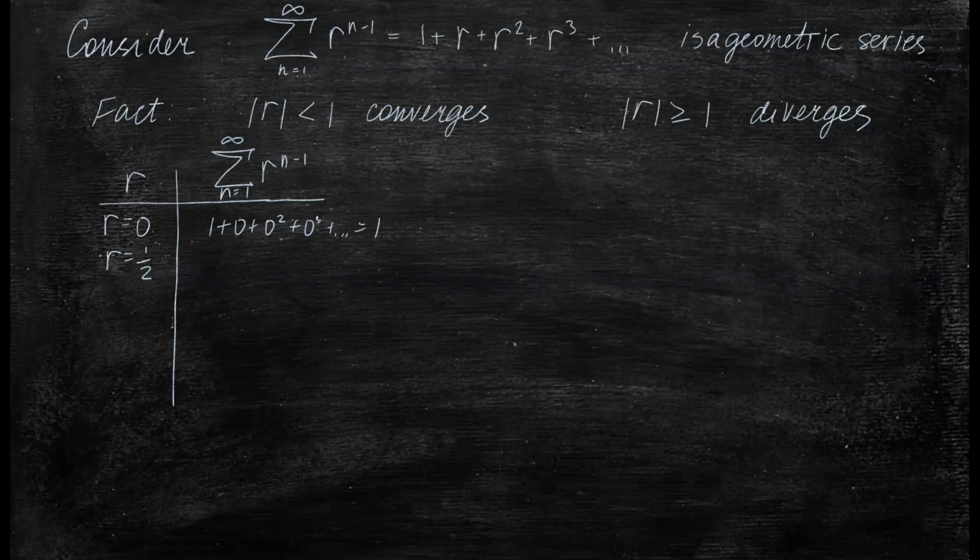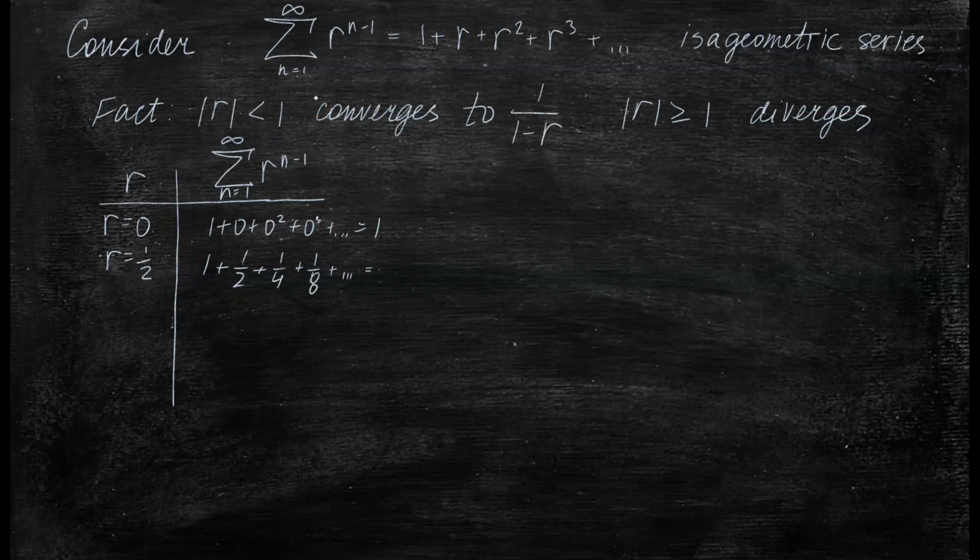Now when r equals 1/2, we're going to get 1 plus 1/2 plus 1/4 plus 1/8 plus, and here we just need to remind ourselves that when a geometric series converges, we know exactly what it converges to. It converges to 1 over 1 minus r.